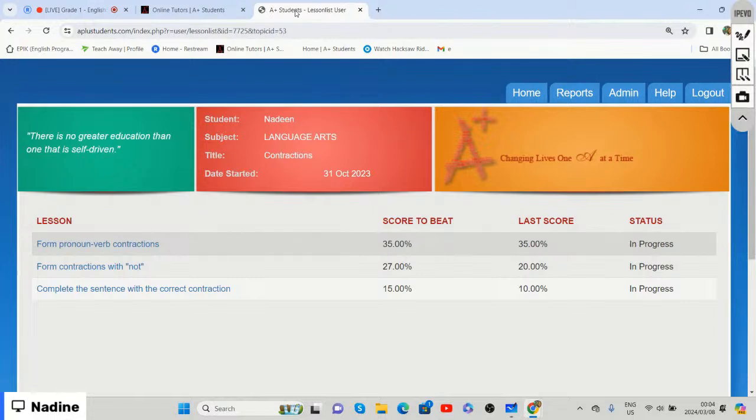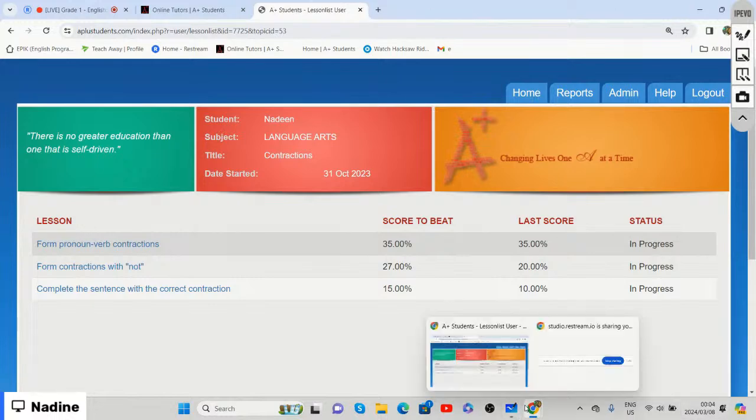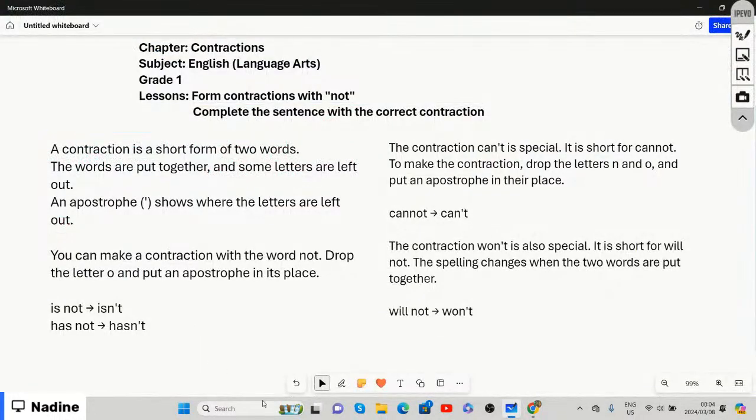All right. So our chapter is contractions. The subject is English language arts, grade 1.